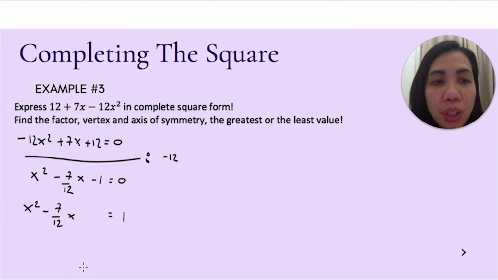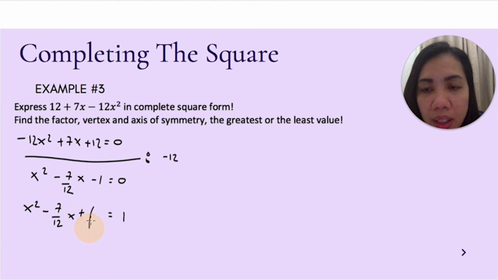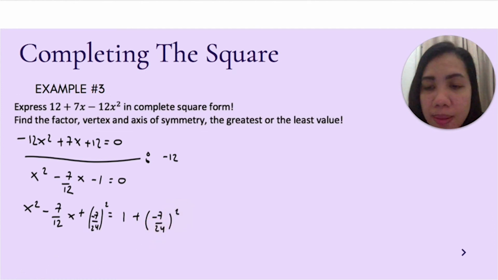Okay, then we add half of b, squared, to both sides. So plus (-7 divided by 2), where the denominator will be twice 12, which is 24, squared, and here also plus (-7/24) squared. Okay, now let's do this one by one. After this, we want to transfer this into a perfect square like this.